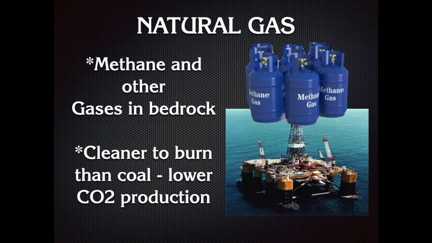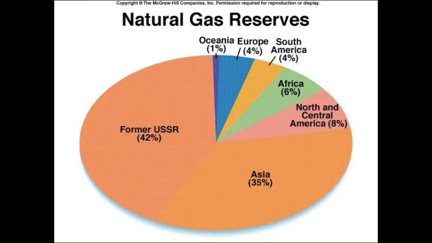As we use it, it has less carbon dioxide production, and carbon dioxide impacts the greenhouse effect. The main natural gas reserves are going to be found in Russia and Asia. So we can actually see how Russia was not a major coal distributor.